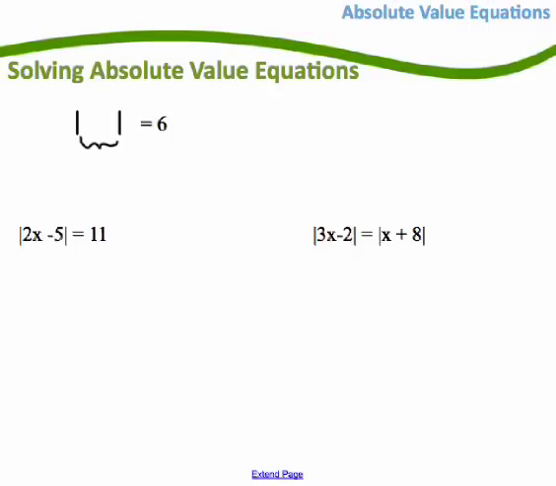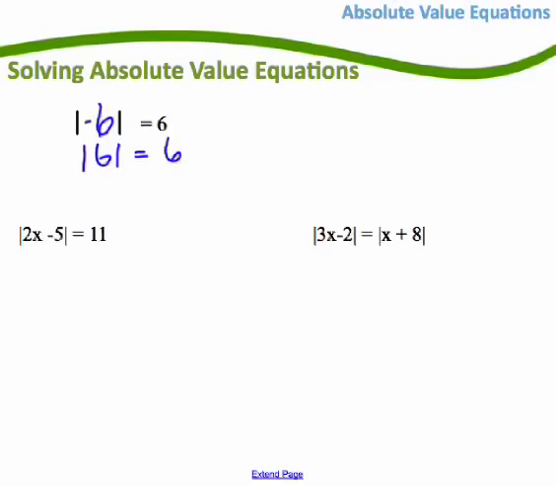Like the answer to this question here, if I wanted to know what would be inside there, it could be a 6, right? Could be a 6 because the absolute value of 6 is 6. But inside here, it also could be a -6. So whatever's underneath there, it could be a +6 or a -6. Both of those would come out to 6 as the answer.